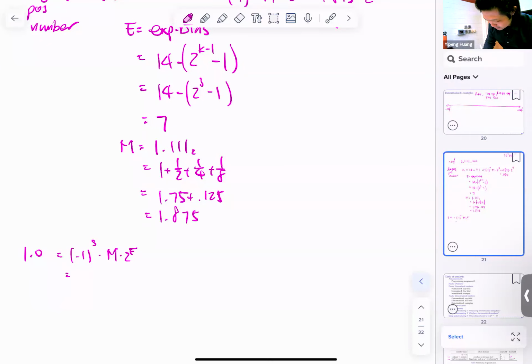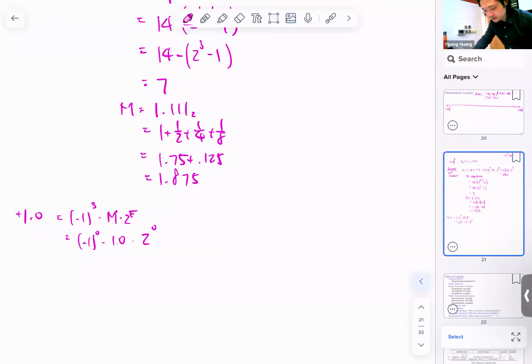It's (-1) to the power 0, since it's a positive number, times m. What is m going to be? It's 1.0 times 2 to the power of 0. That is a kind of trivial decomposition of what 1 should be.